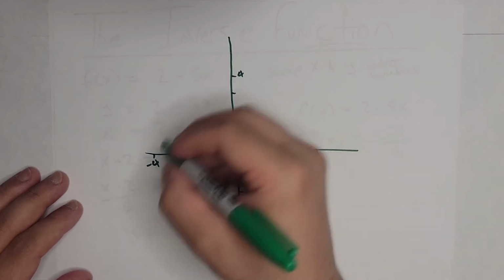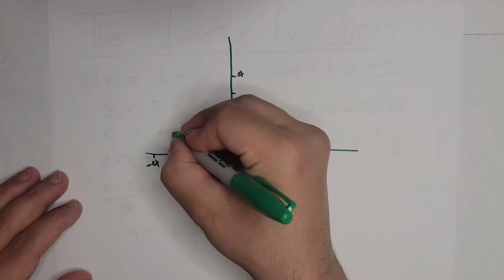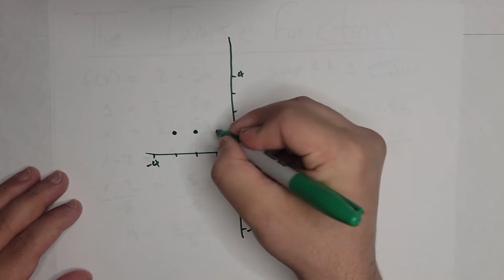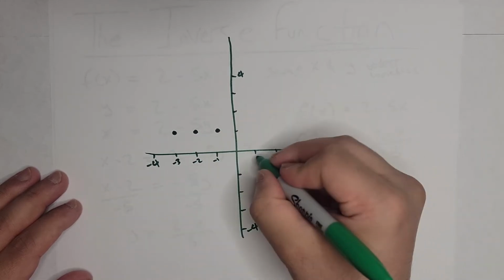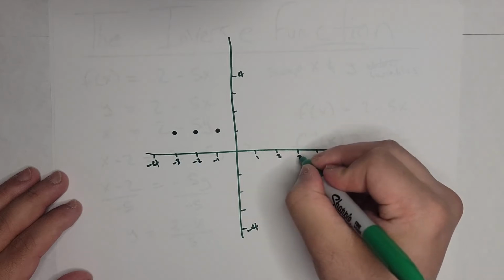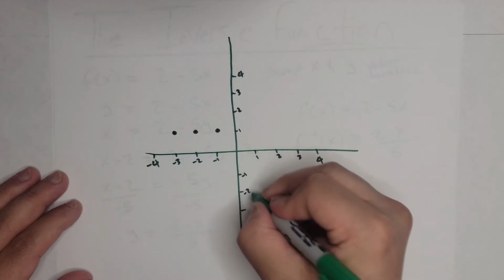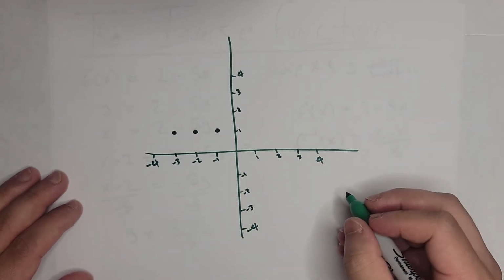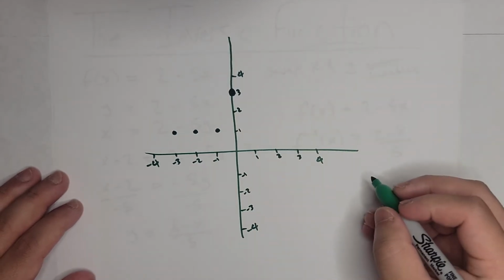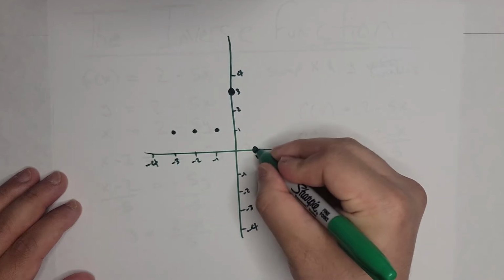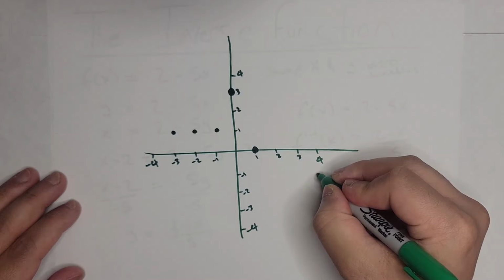So let's plot some points. Let's say we have a point here, here, here. Let's put a point up here. Let's put a point down here. And then let's put a point right here, negative 4, negative 1.